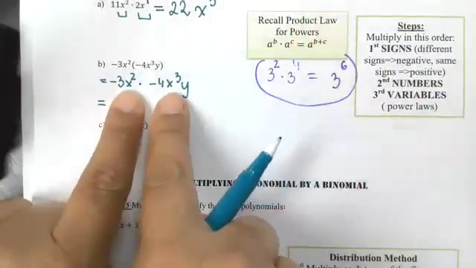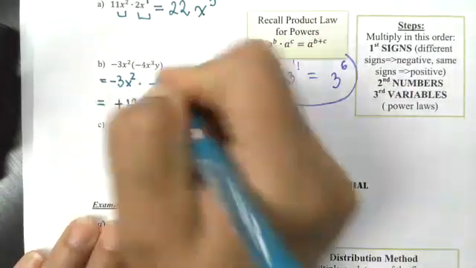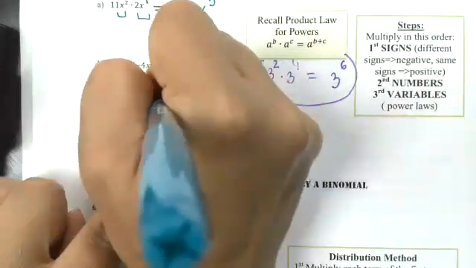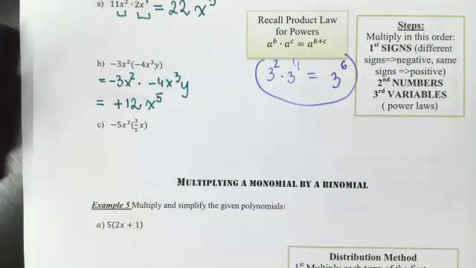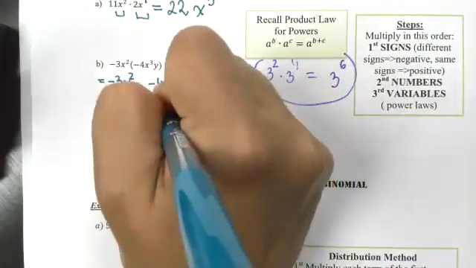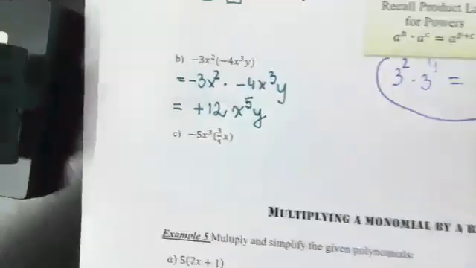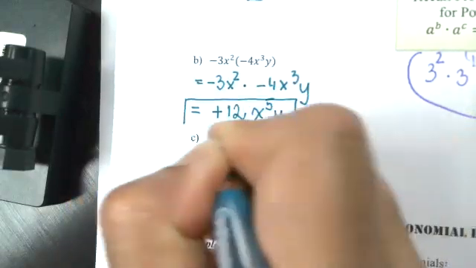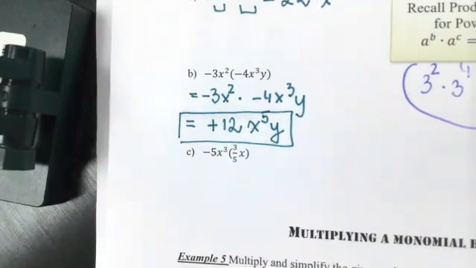So we have this x squared and x cubed that we're gonna multiply. We keep the x, we add the exponents, so 2 plus 3 is 5. And then y doesn't have anything to get multiplied by to use the power law, so you just attach it, so times y. That's our final answer: positive 12 times x to the 5 times y.